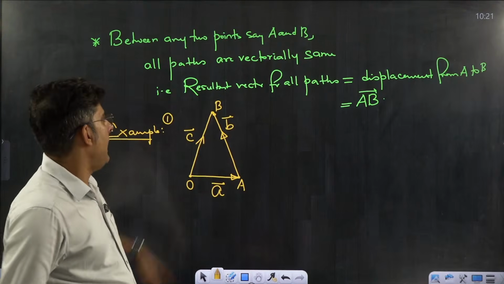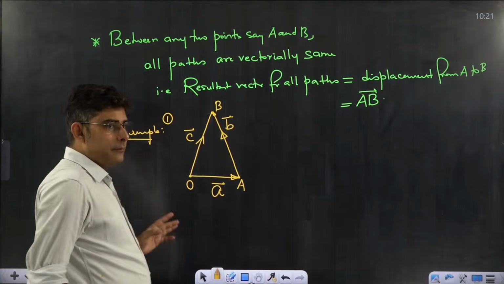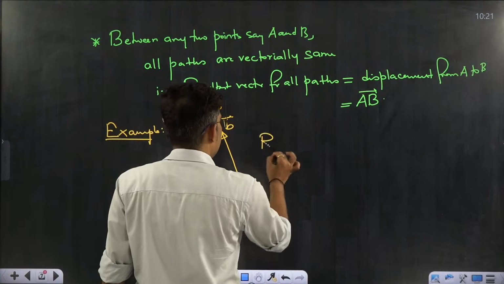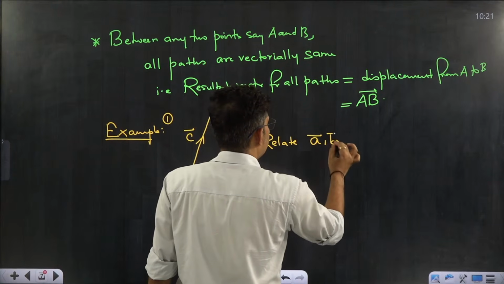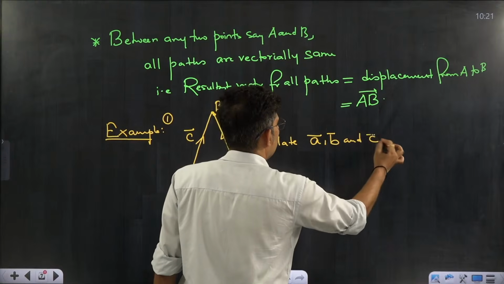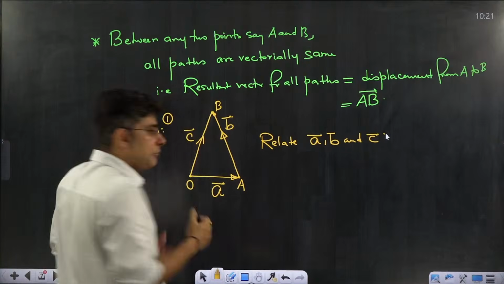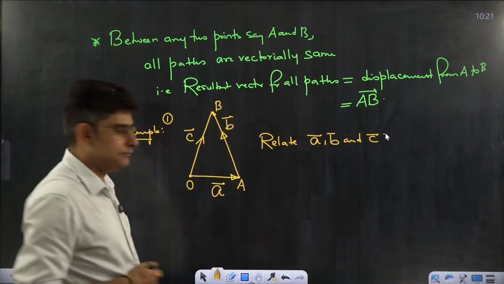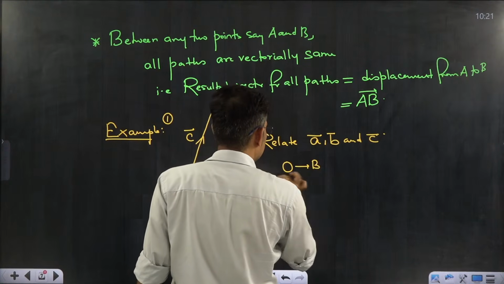Let's see. I have told you the resultant we write as R vector. If they are asking to relate A vector, B vector and C vector, you are going to see something very interesting. Suppose my choice, I select the path OB, meaning I have to go from O to B.